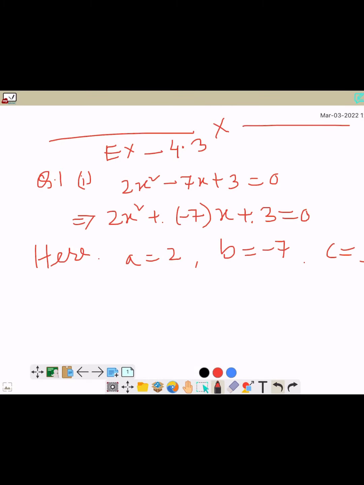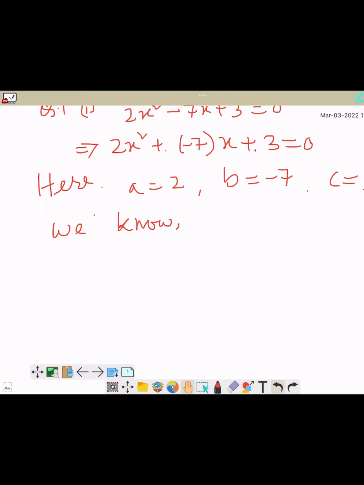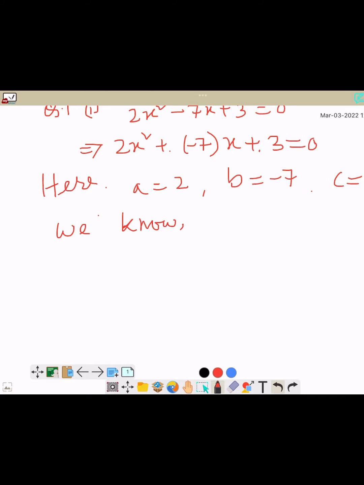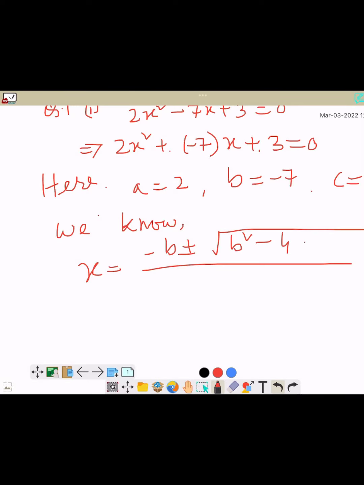So we have found all three constants a, b, c. For the standard formula we know x is equal to minus b plus minus root over b square minus 4ac divided by 2a.